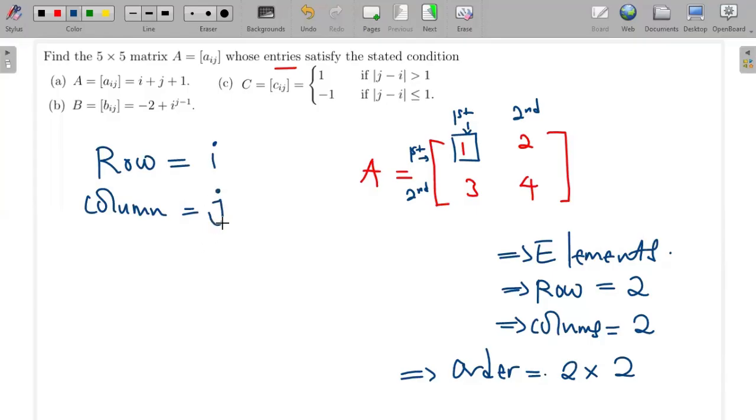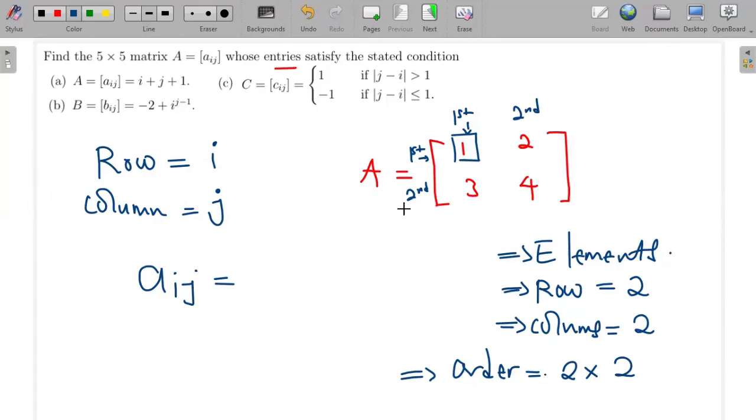I. And then the column number is indicated by the letter what? J. Okay? So if you want to describe this element 1 here, we are going to say this element, and you can pick any letter of your choice. For this example, I'll pick small letter a. So for me to describe this element 1 here, I'll say element a, i, j. Now I'm going to replace the ij with the row number and the column number where this one is.